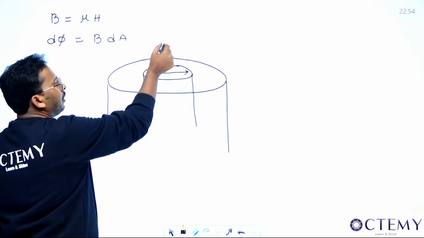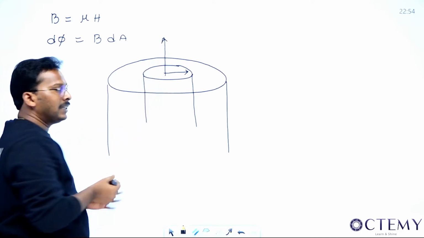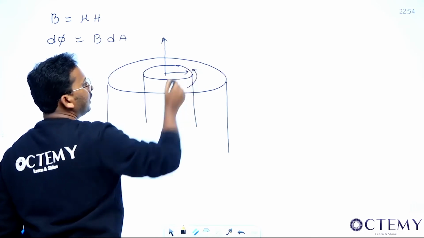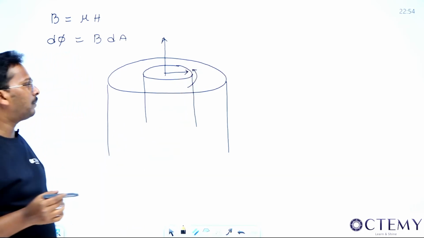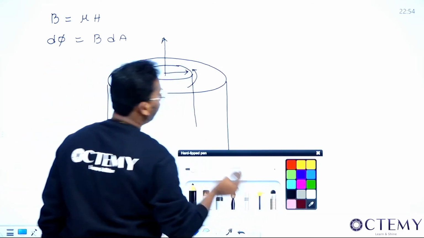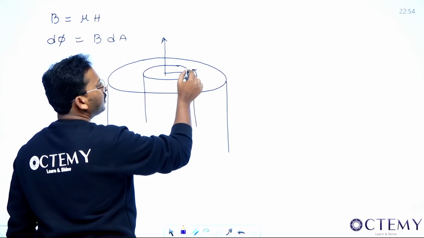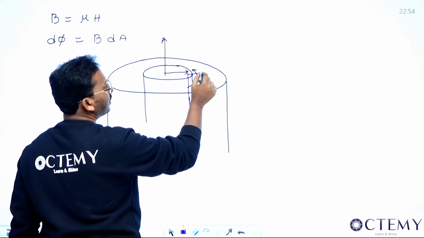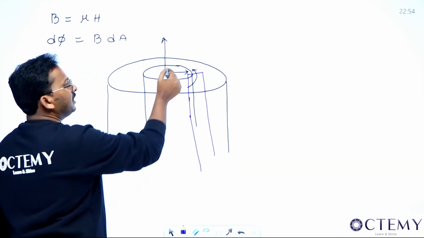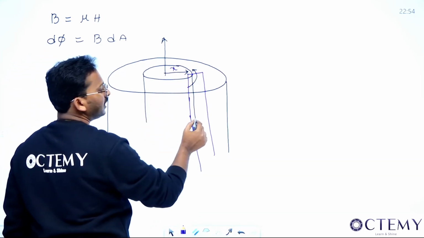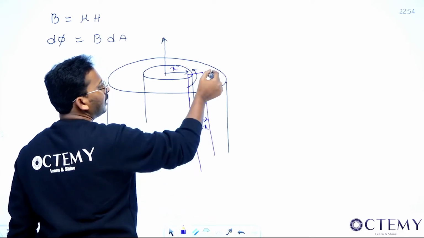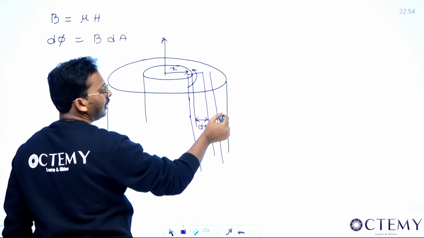Because the current is coming out like this, the flux lines will be like this. That means from what area the flux lines are passing. Let us take a small strip here. The strip is like this, to the entire length it passes, right? This is x distance, so the change in this direction is dx. And the area you want, this is particular length L.